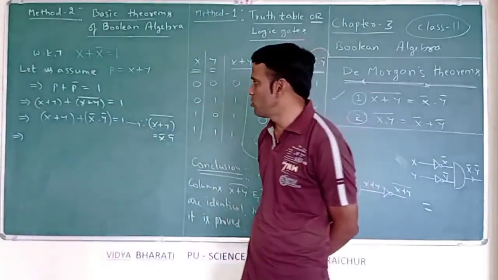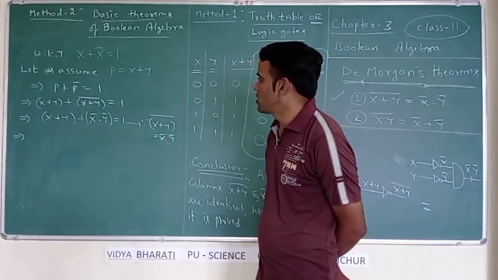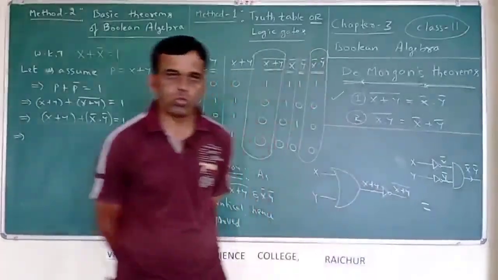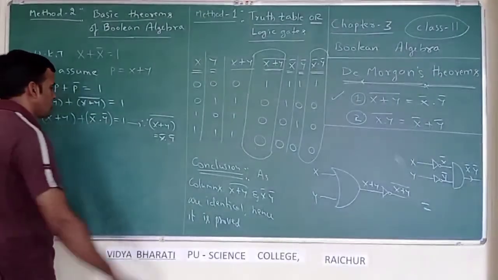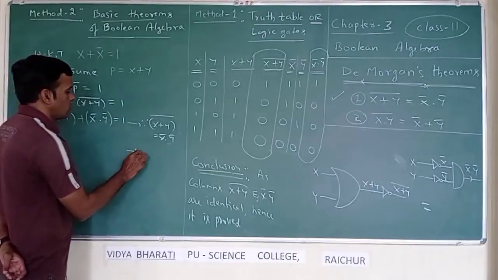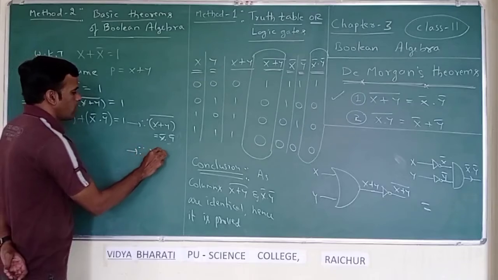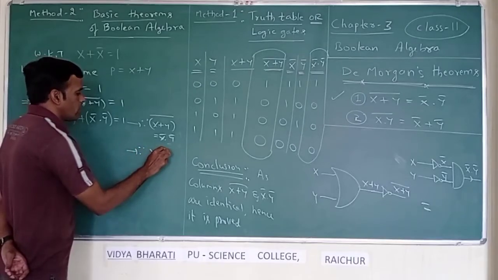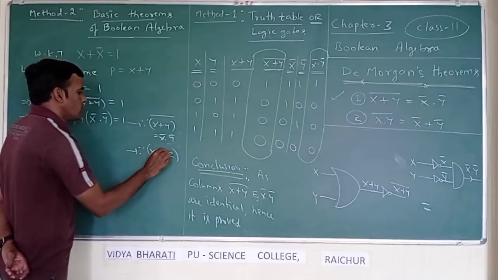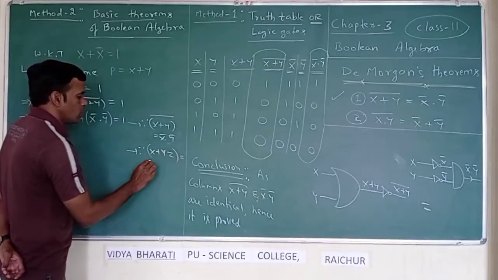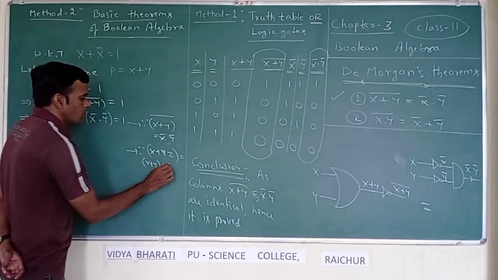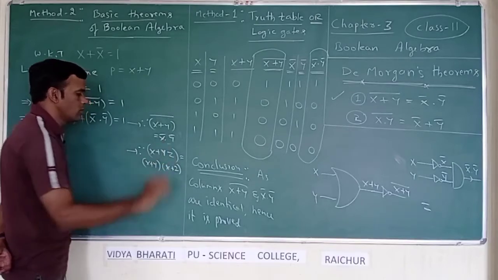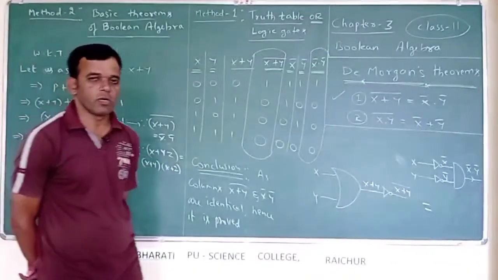So, one of the distributive laws, x plus yz equals (x plus y) into (x plus z), that particular theorem we will use. So, what is that? We are going to use x plus yz equals (x plus y) then (x plus z), one of the distributive laws or theorems.